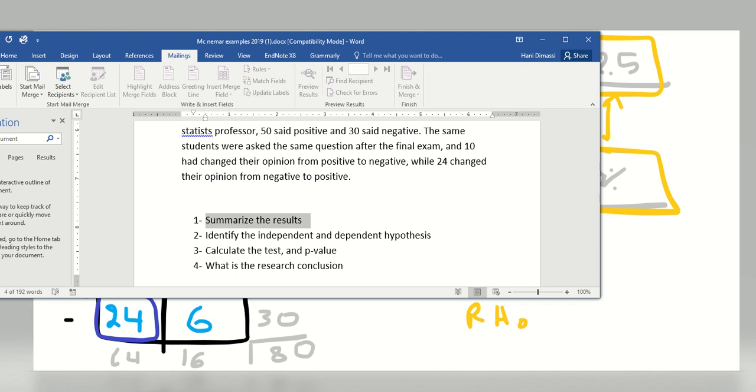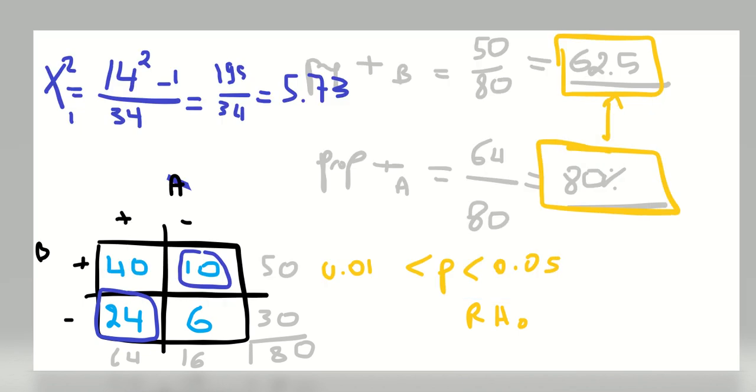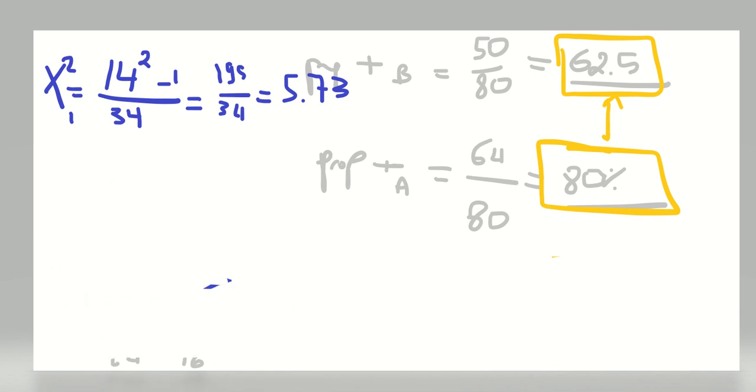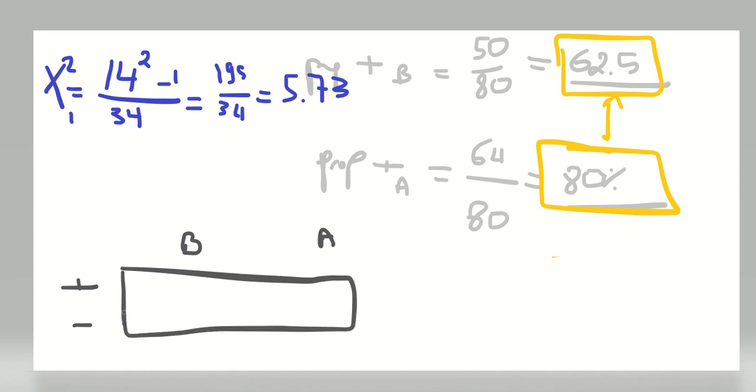In fact, if we want to be correct 100%, the way you need to summarize it is that you need to create a table, because this table is not good for summarizing. This table is good for your results, for your calculation. But if you want to summarize, you have to create a table that has a good title, etc. So, for example, you're going to have before exam, after exam, and you're going to have positive and negative, and you're going to set up your table so that you put the n and the percentage for each one.